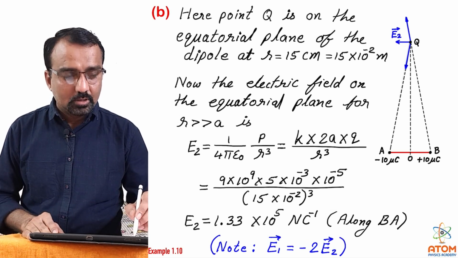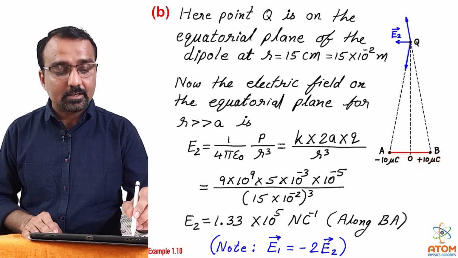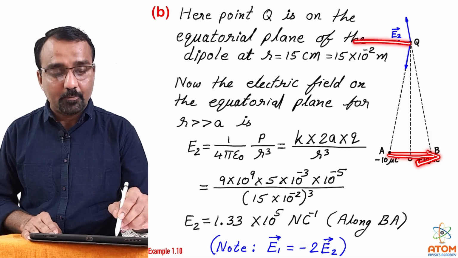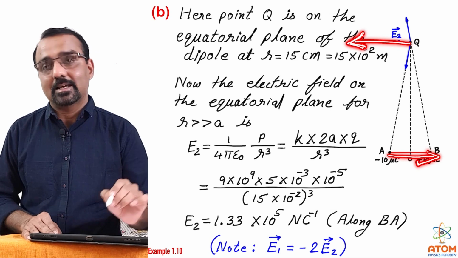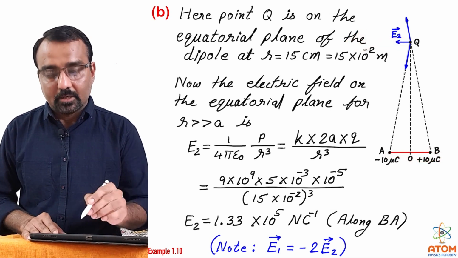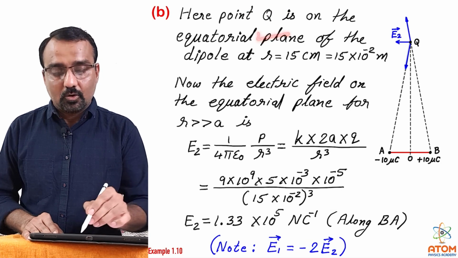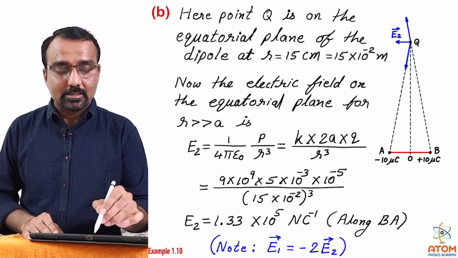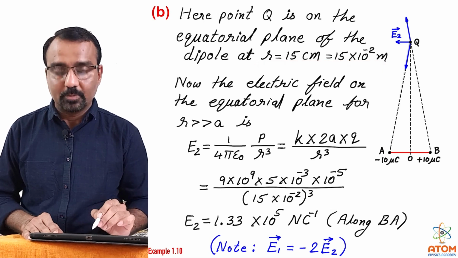So this will be the direction of the dipole moment, from negative Q to positive Q, and that is why the electric field at this point Q will be opposite to the dipole moment. That means it will be in this direction. Here point Q is on the equatorial plane of the dipole at distance r equal to 15 centimeter, that is 15 into 10 raised to minus 2 meter.